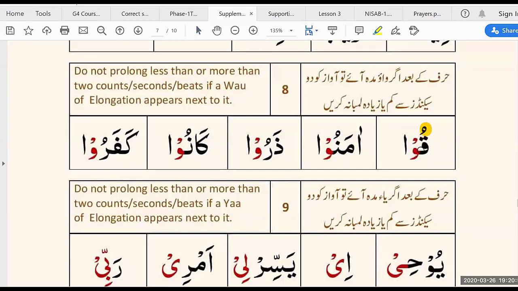So here we have a letter carrying dhamma stroke followed by vowel. In this case, the vowel is identified as vowel of elongation. So again, can I request the ST to pick another student?